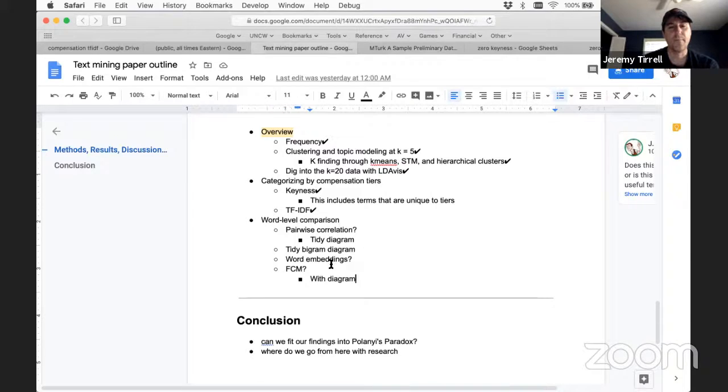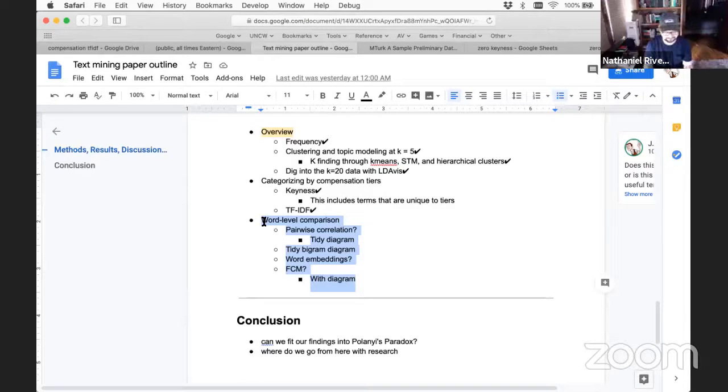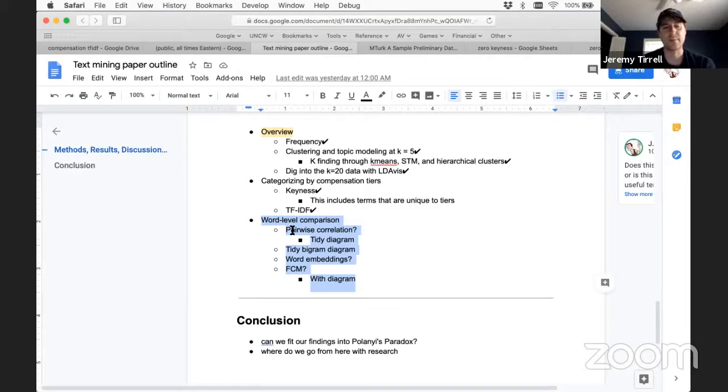Right. Anyway, so the next step then is to do the word level stuff. And you've got some words there. I don't know precisely what I'm going to do in terms of processes. There's pairwise correlation. There are lots of ways to take words and figure out what co-occurs with those words, or how close certain words are together.